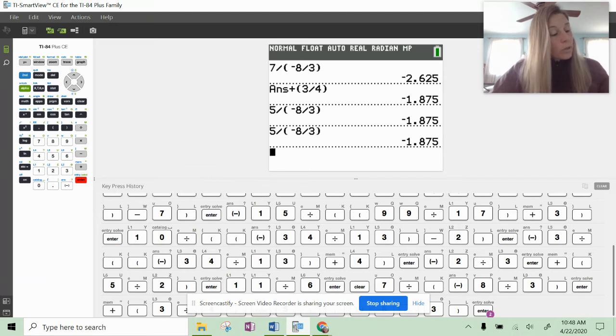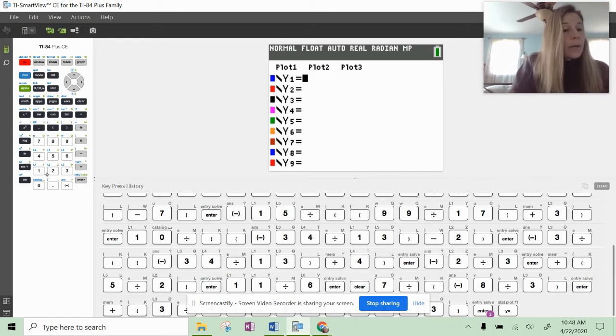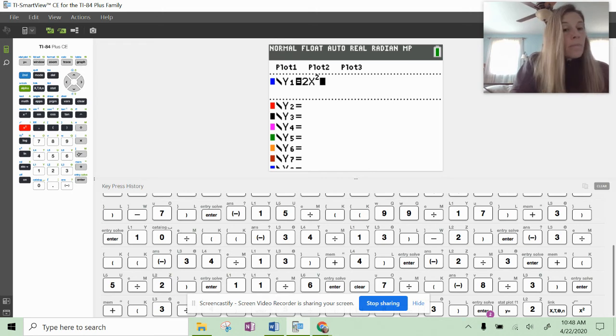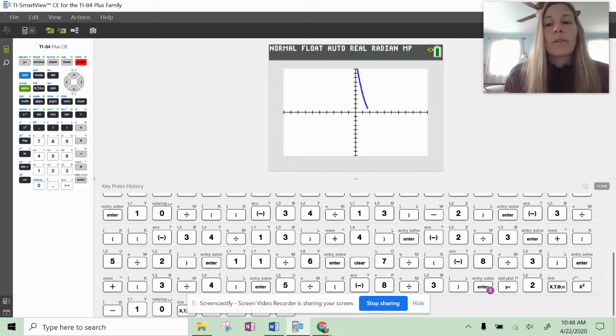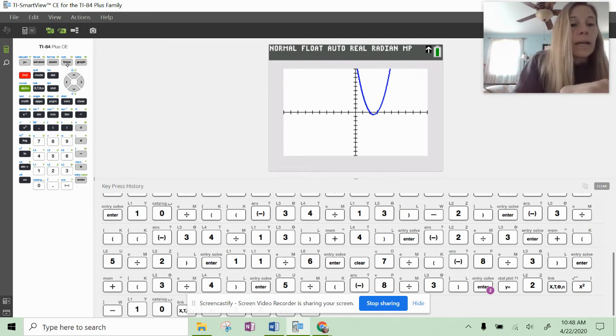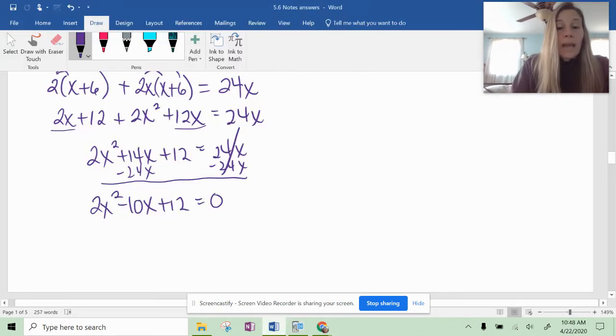So if you were going to do this particular problem, you can go to your y equals and type in that 2x squared minus 10x plus 12 and graph it and look to see if you can find those x-intercepts. So it looks like it's 2 and 3. So if I go to my table to confirm that, I can see that the two answers or my zeros are 2 and 3. So you can do that as well.